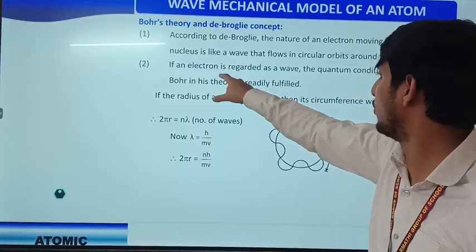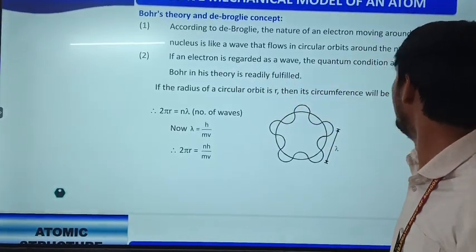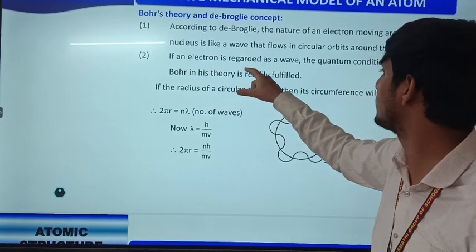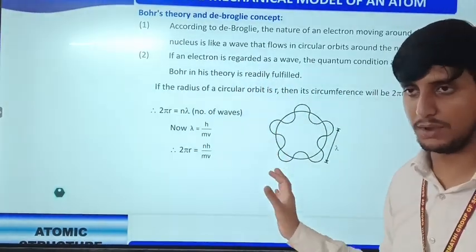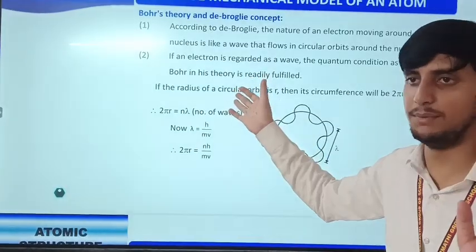Second, if the electrons are regarded as a wave, the quantum condition given by Bohr is completely fulfilled.